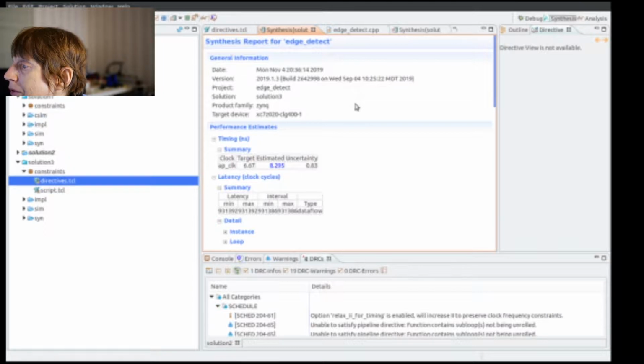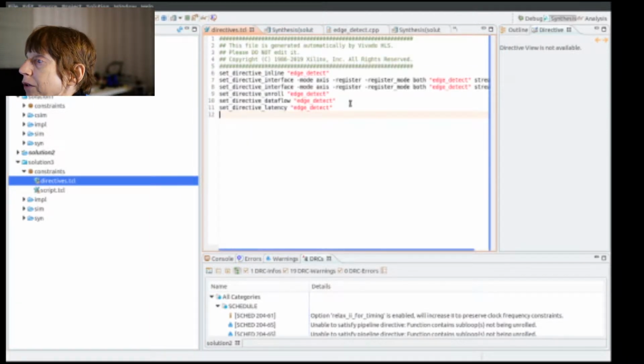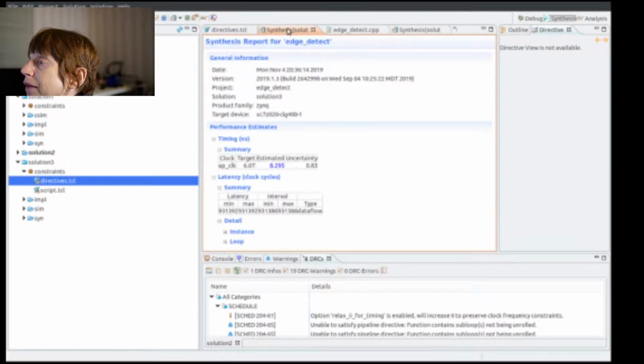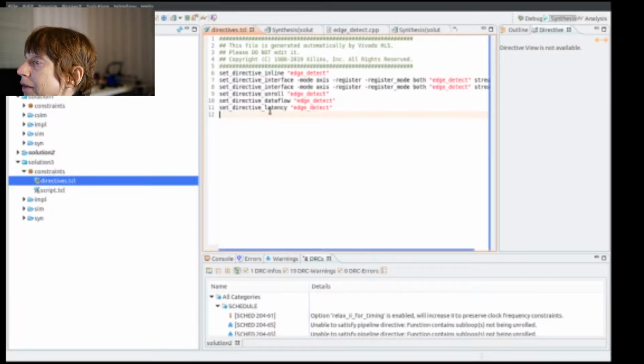I gotta make sure I have the right solution. Yeah, this is solution 3. When I use this, in solution 3 we do use the data flow directive rather than the pipeline directive. You notice it's a lot higher. Now we also put some others in, unroll and latency.